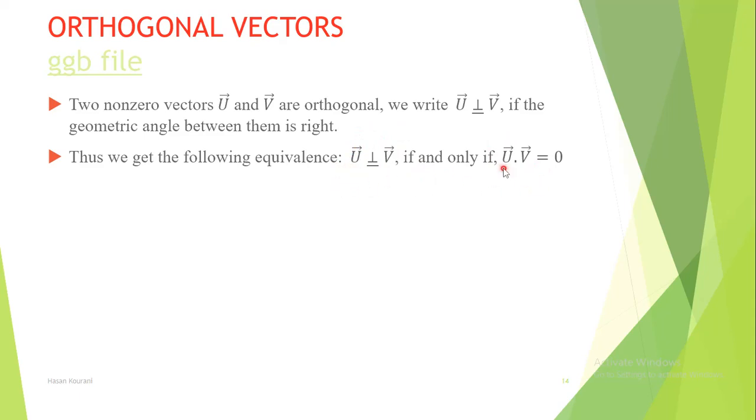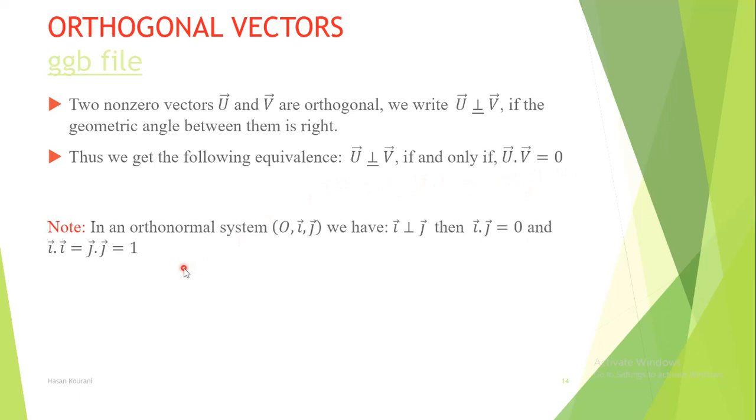These two propositions are equivalent. Now, note that in an orthonormal system O, I, J, i and j will be orthogonal vectors. For this reason, we can directly say that i dot j is equal to 0, and i dot i is in fact magnitude of i square.